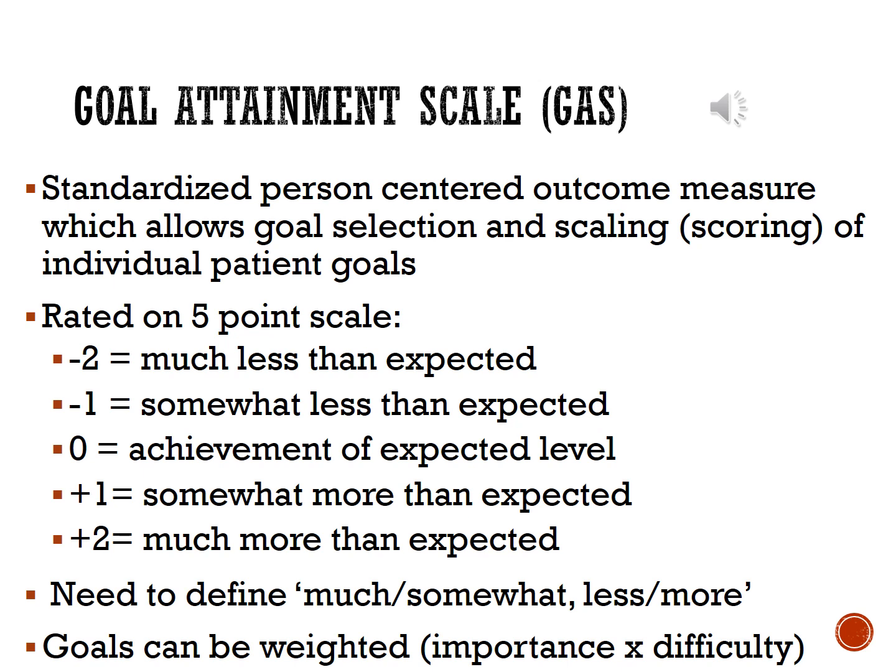The other nice thing about the goal attainment scale that you can't get just through writing SMART goals or in our traditional way is that this tool allows you to weight goals. You can weight the importance of a goal and make one goal more important than another, and this tool will take that into consideration when calculating the final score.